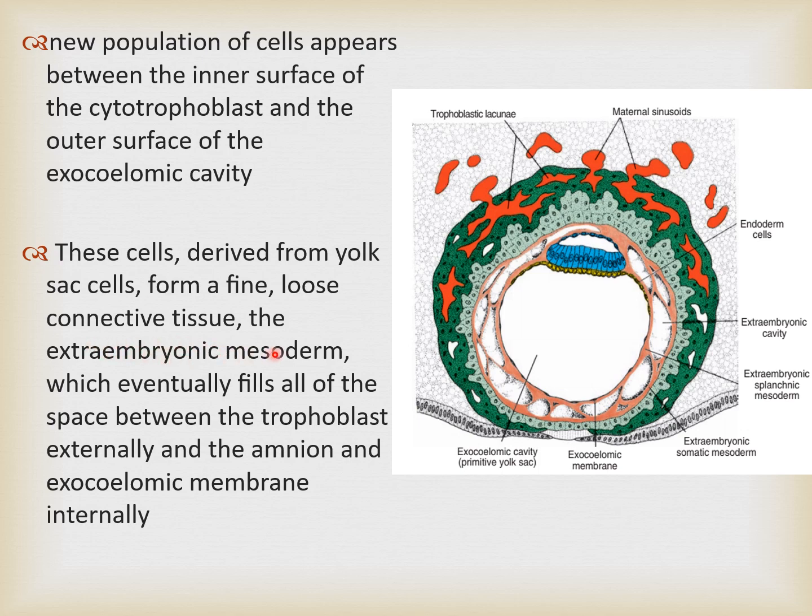This extraembryonic mesoderm fills all the space between the trophoblast externally, and the amnion, this is the amnion, and the exocoelomic membrane internally. That is, between the cytotrophoblast and the exocoelomic cavity, as well as the amniotic cavity, there forms an extraembryonic mesoderm.